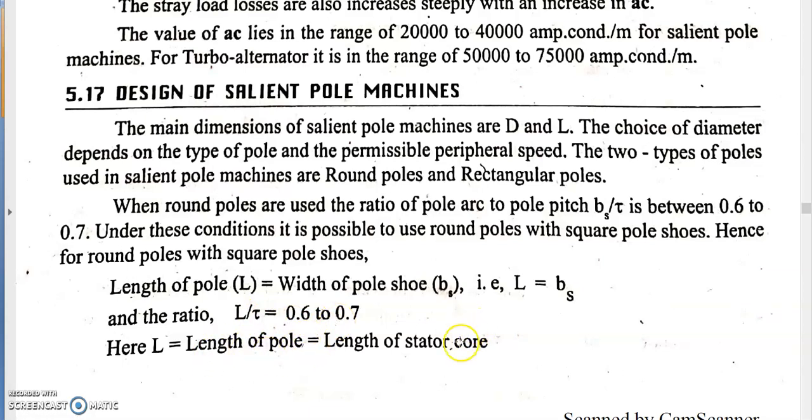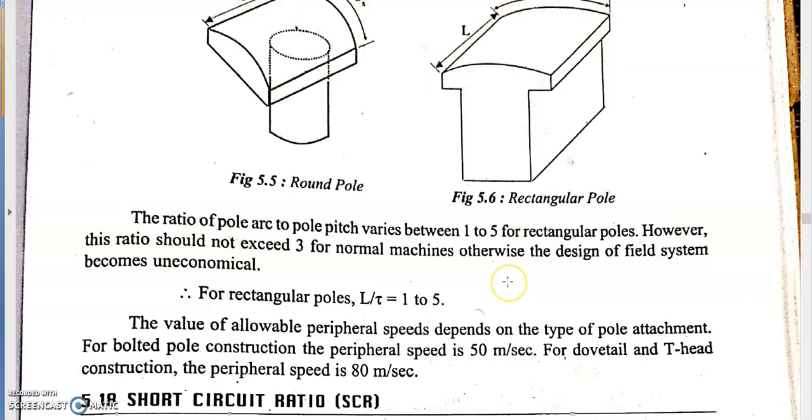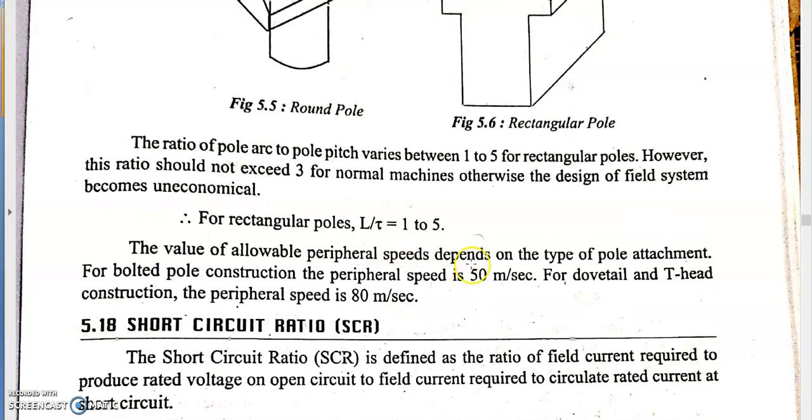L is the length of the pole, and also the length of the stator, and that will be equal to Bs in case of round poles with rectangular pole shoe. And for a rectangular pole, this L by tau ratio is 1 to 5, a high value for the synchronous machine.